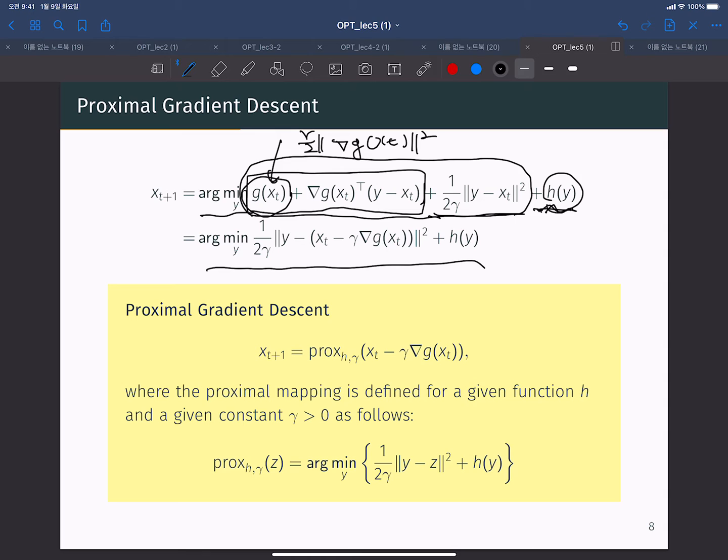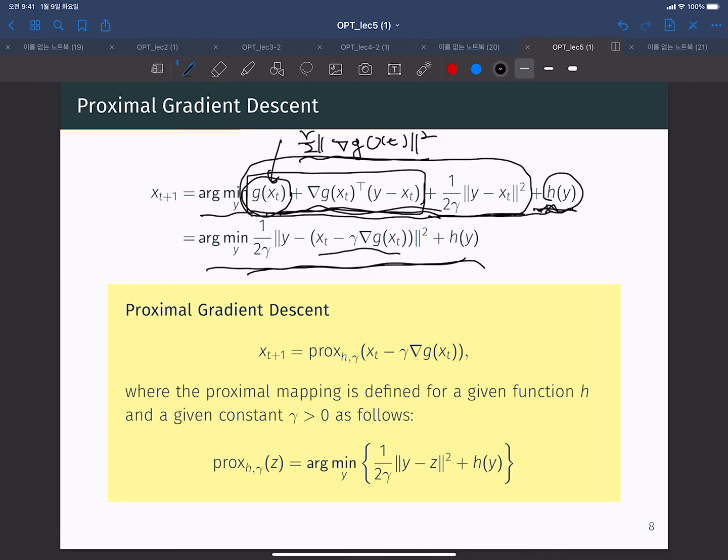Then basically this equation is equal to 1/2 gamma times ||y - xt - gamma times gradient of g(xt)||^2. So you can easily check that this and this is exactly the same.